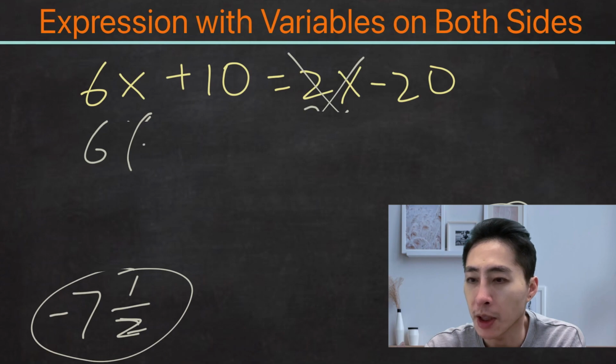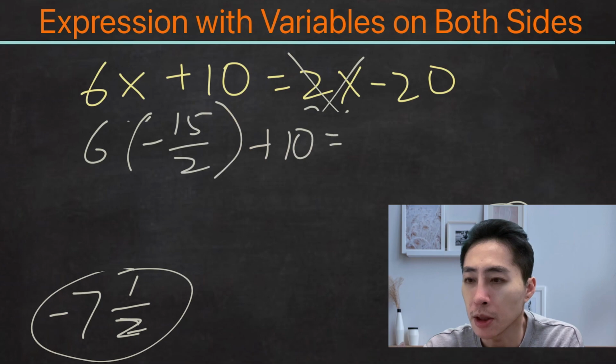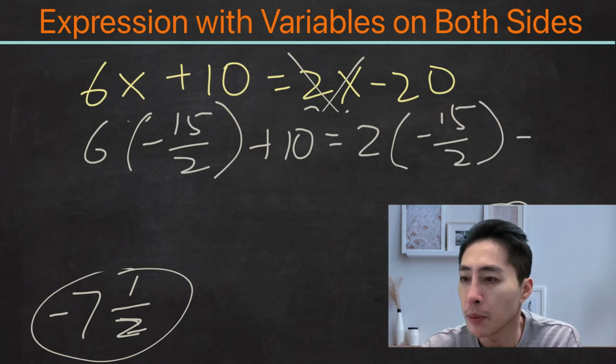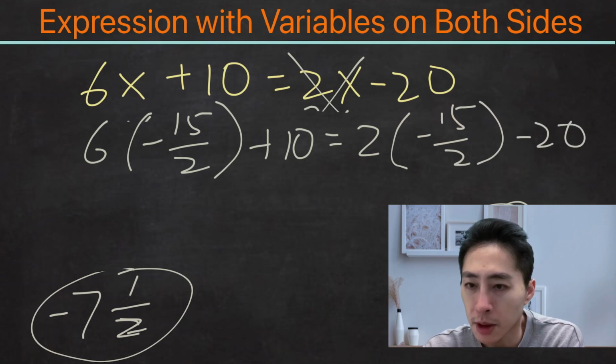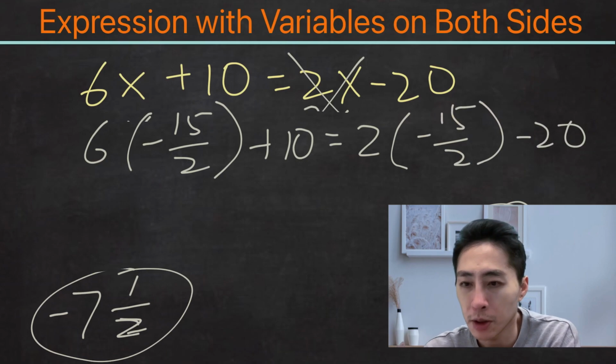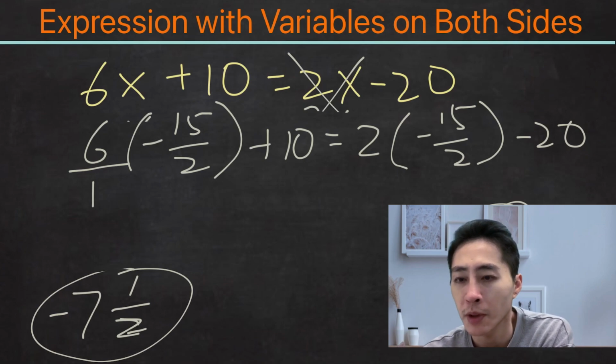So we take 6 times negative 15 over 2 plus 10, and then 2 times negative 15 over 2 minus 20. Okay, so 6 multiplied by negative 15 over 2, we can convert 6 to a fraction by adding 1 in the denominator, as that doesn't change the value.